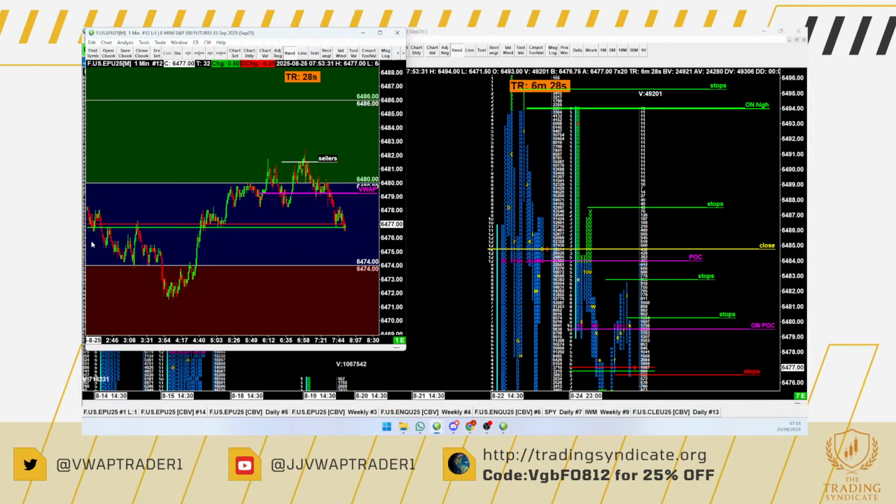Okay. I was actually watching the open. So remember we had stops here, here, here, and here, and we opened up here, that little orange R at 64.93. So I was watching the pre-open.